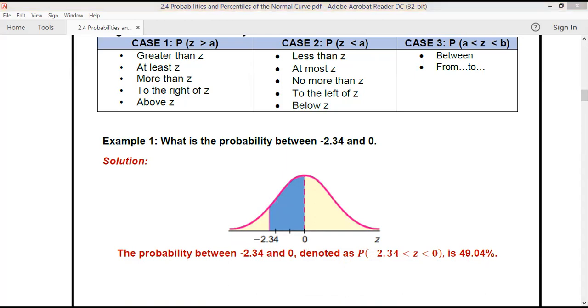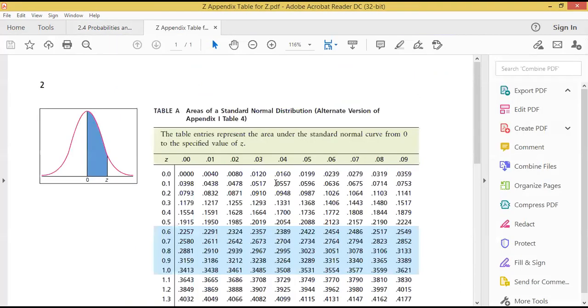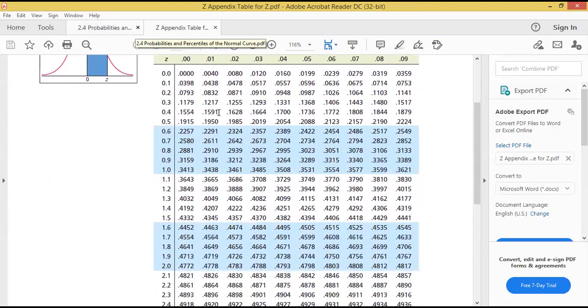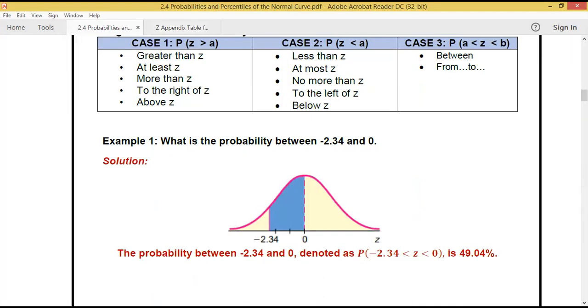If we check our z-table, let's check for 2.34. Here, this is 0, 1, 2, 3, 4. So the answer is 0.4904.